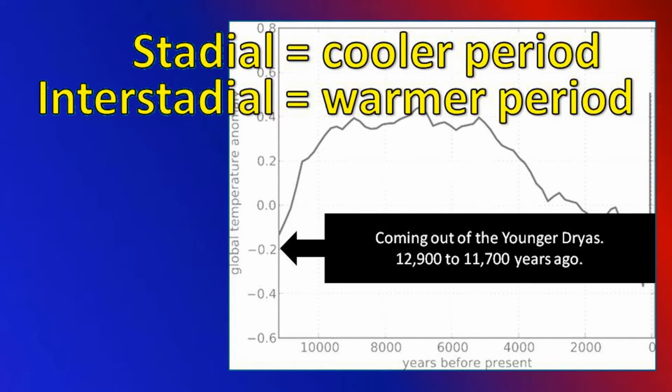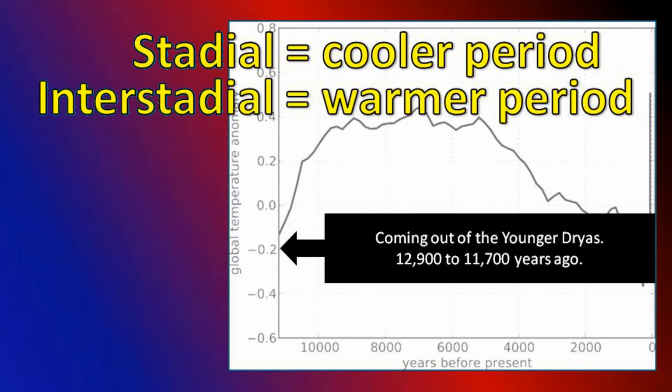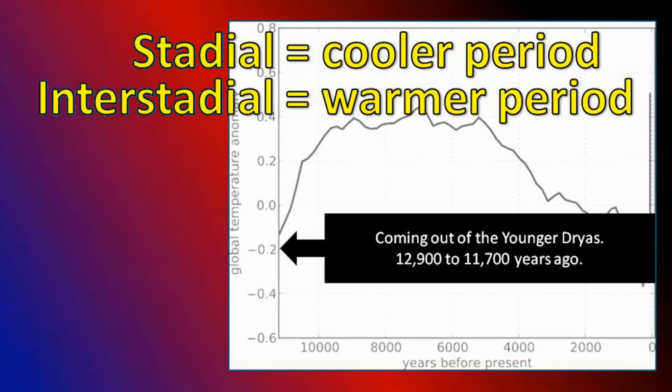In contrast, if you have an ice age going on and there's a little gap in it where things are getting warmer for a couple hundred years, that's called an interstadial. So a stadial is the cooler period and the interstadial is the warmer period. They're both on the order of about a couple hundred years. That's what we're talking about when we're talking about stadials and interstadials.